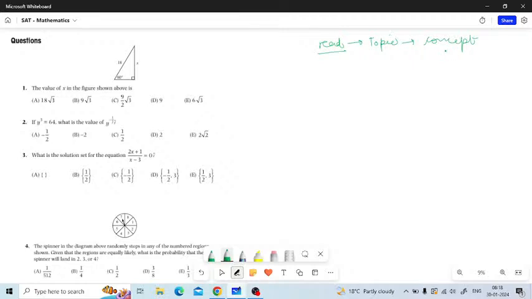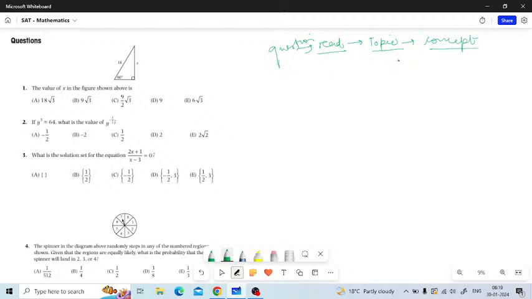Once you understand which concept is important for that question, you will be able to solve it. So first you read the question, then relate it to the topic, and then apply the concept related to the topic to reach the solution.